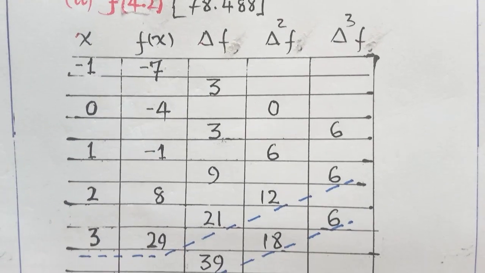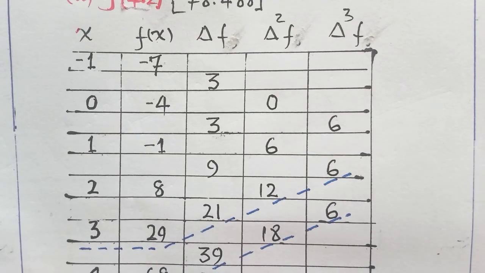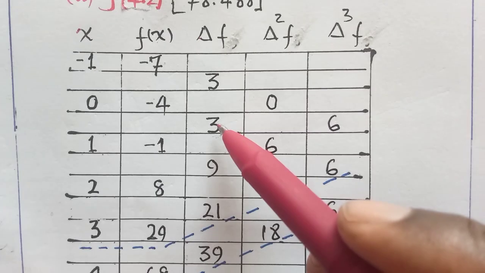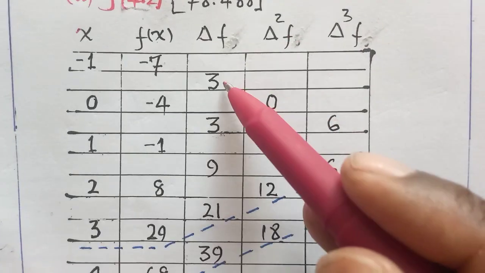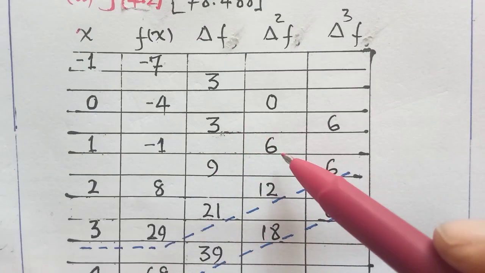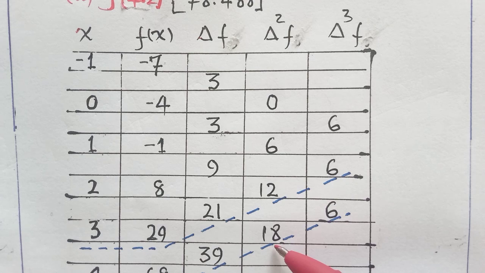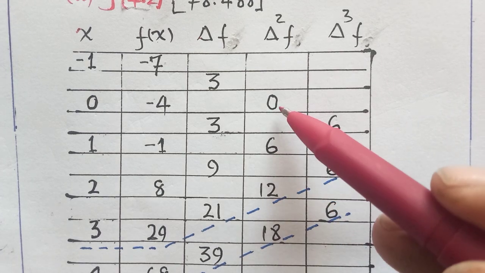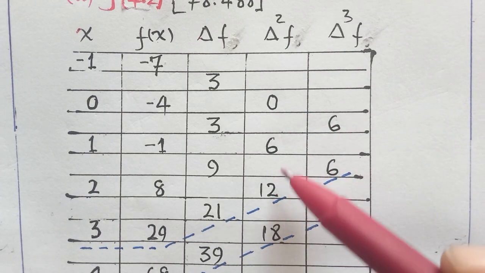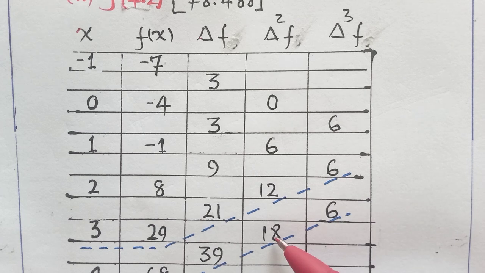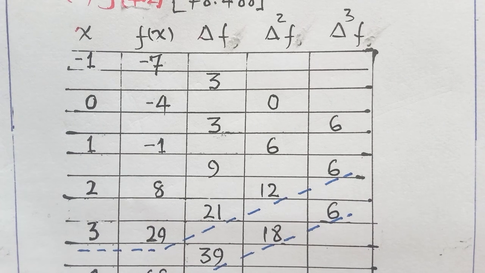And then we come and do that until we come to this point. The same thing happens for the second derivative. 3 minus 3, 0. 9 minus 3, 6. And like that until we come to where the 18 is. Finally, we come 6 minus 0, 6. 12 minus 6, 6. 18 minus 12 is 6.